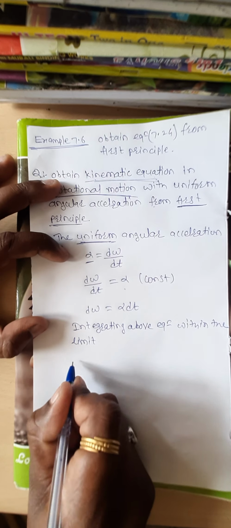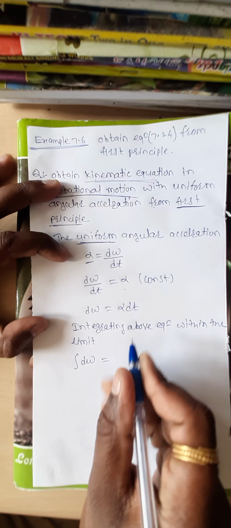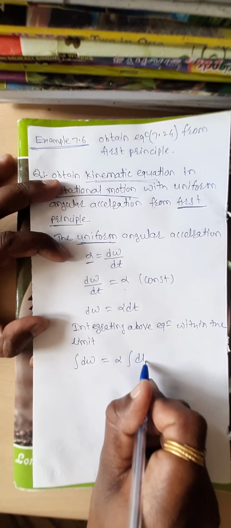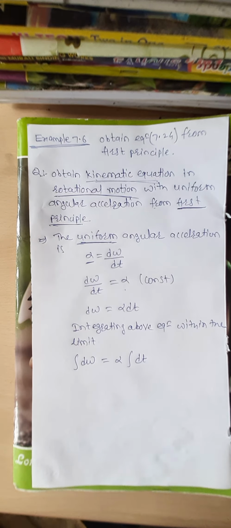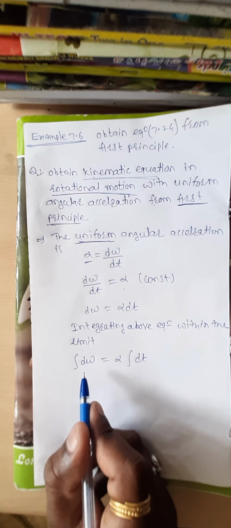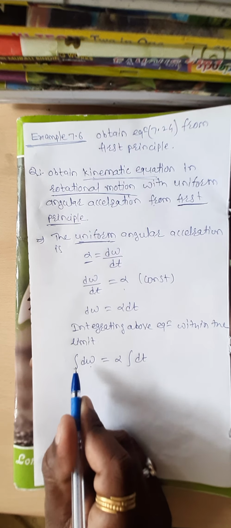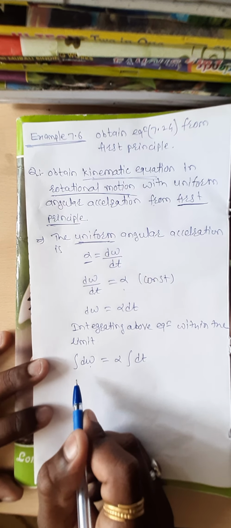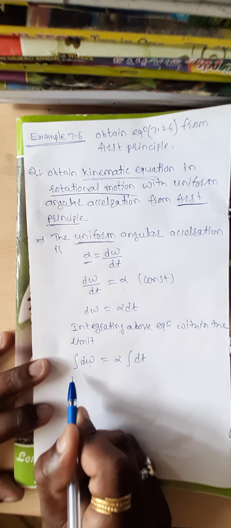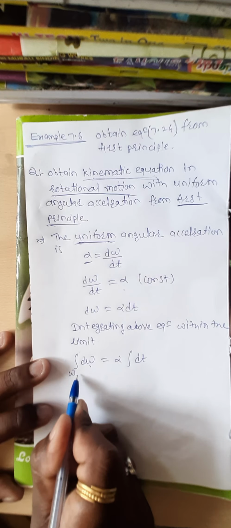Integrating, the integral of d omega is equal to alpha, which is a constant and therefore taken outside, times the integral of dt. Within the limits: the integral of d omega is with respect to omega, so the lower limit is omega naught and the upper limit is omega. The integral of dt is with respect to t, so the lower limit is 0 and the upper limit is t. When t is 0, omega is omega naught.